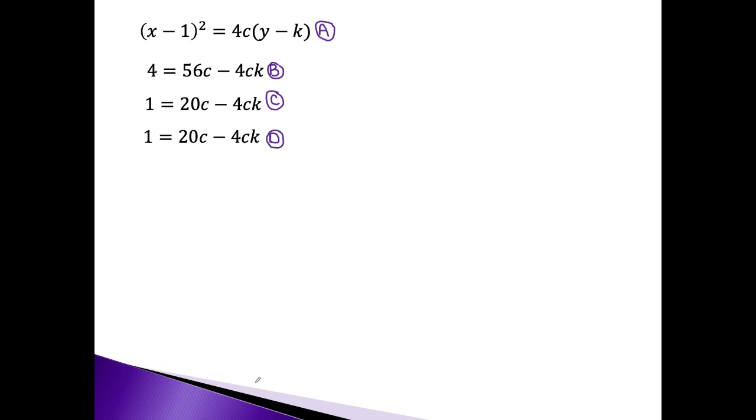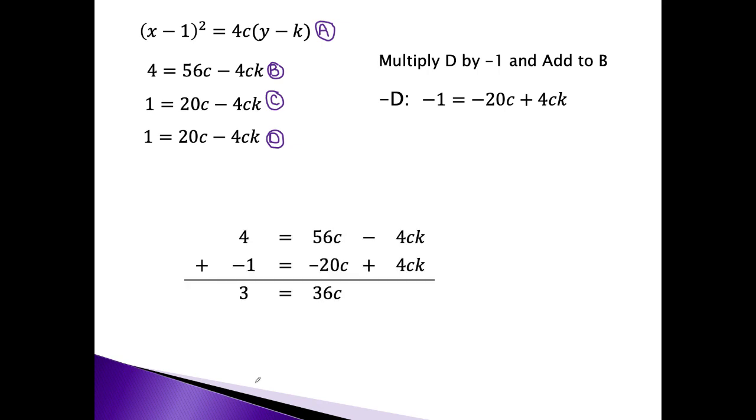Now we're going to use A, B, C, and D. We're going to multiply D by -1 and add it to B. So negative D is -1 equals -20c plus 4ck. When we add B plus -D, we get 3 equals 36c.